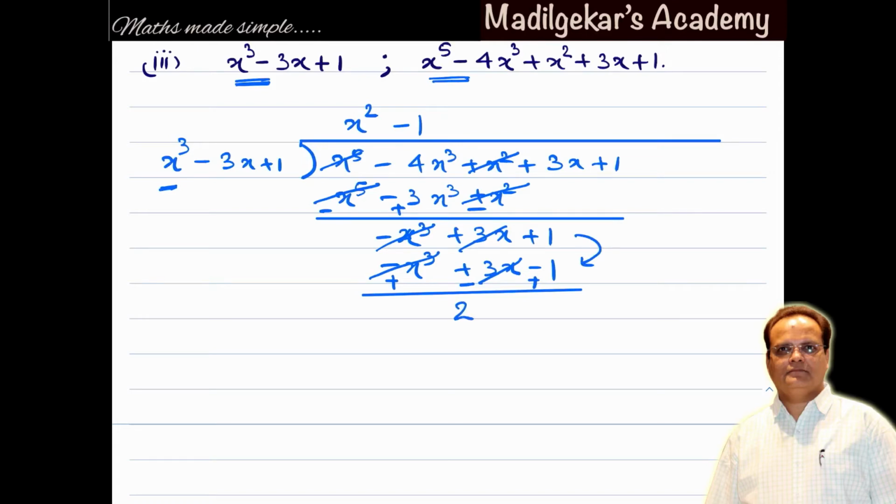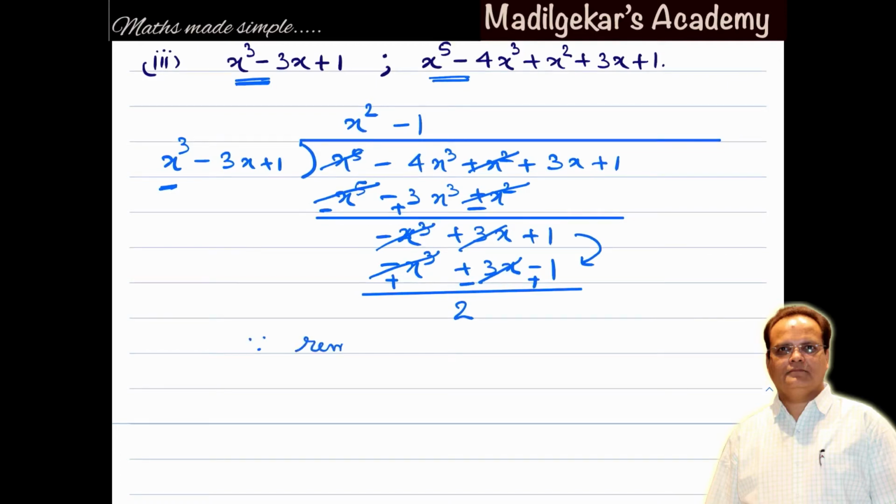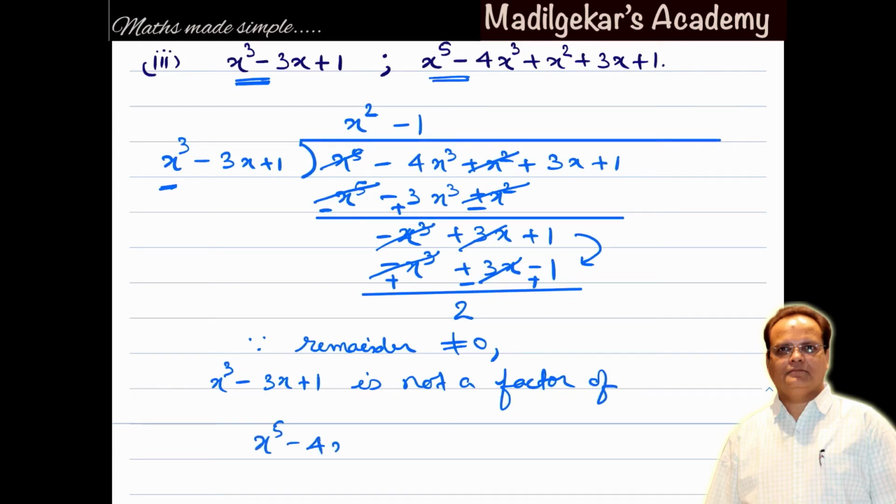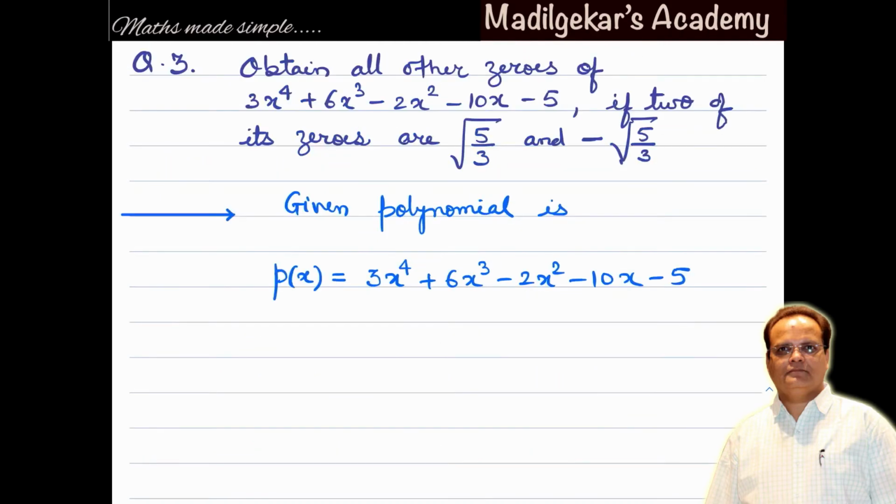As we are not getting remainder 0, since remainder is non-zero, x cube minus 3x plus 1 is not a factor of the polynomial x raised to 5 minus 4x cube plus x square plus 3x plus 1.